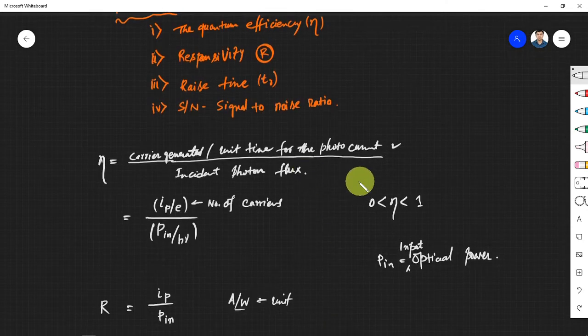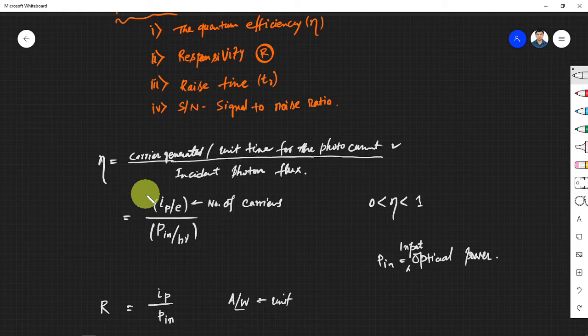Okay, so the other two parameters are rise time and signal to noise ratio. Rise time will totally depend on your device construction, the length of the device, the mobility of the carriers and all. It's a complex thing to calculate here. And signal to noise ratio: we are talking about photoconductors or photodetectors, right?